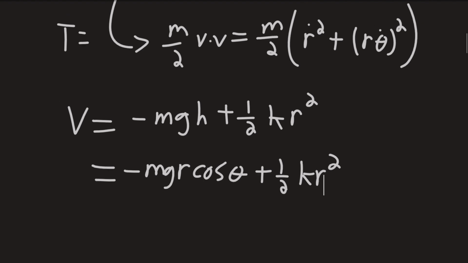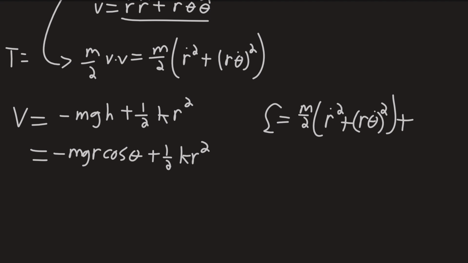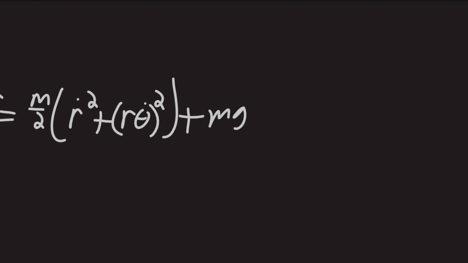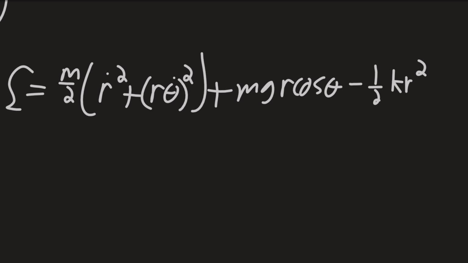So we know then that our Lagrangian, right over here, is just equal to m over 2 times r dot squared plus r theta dot squared, minus, but that minus becomes a plus actually, plus mgr cos theta minus 1/2 k r squared. And although this isn't pretty, what we're going to do with it isn't all too bad.